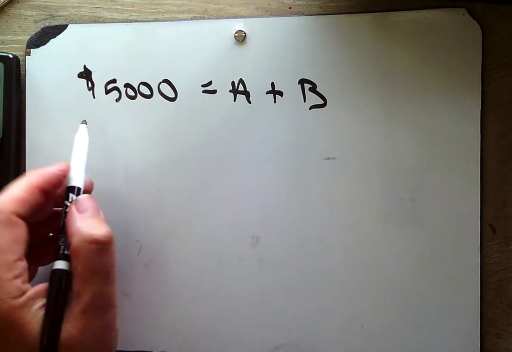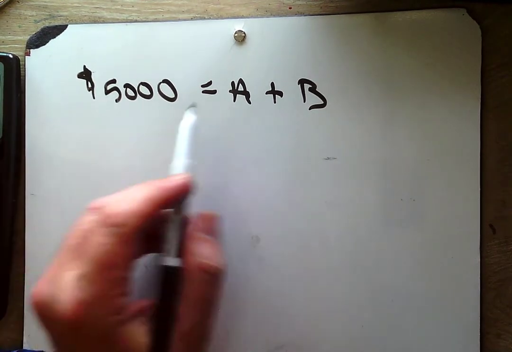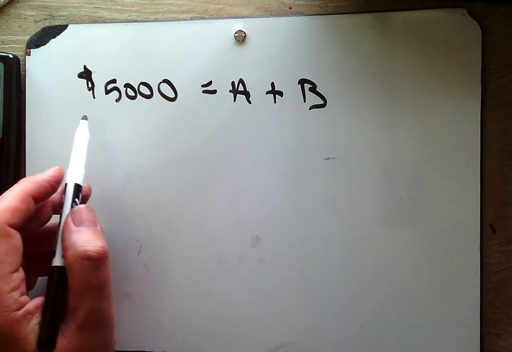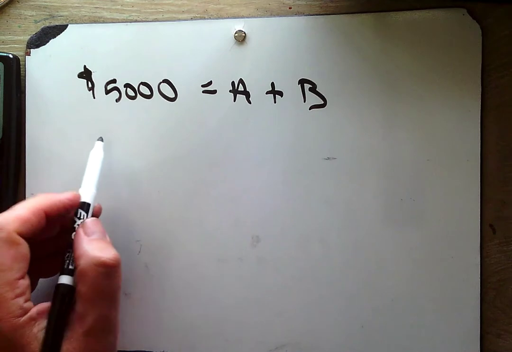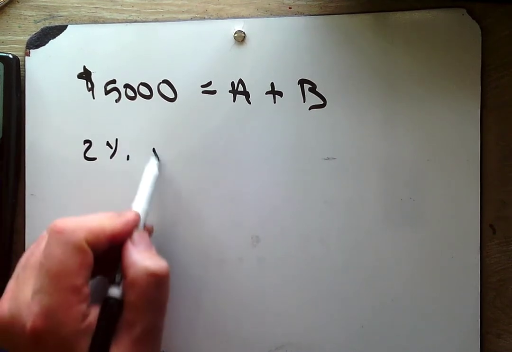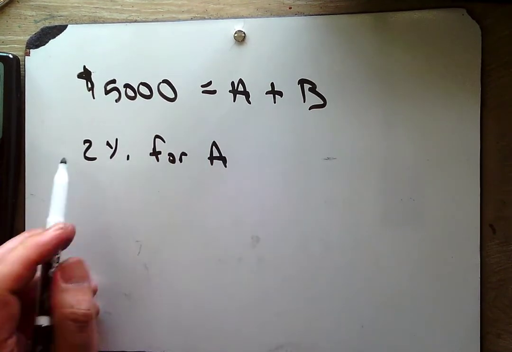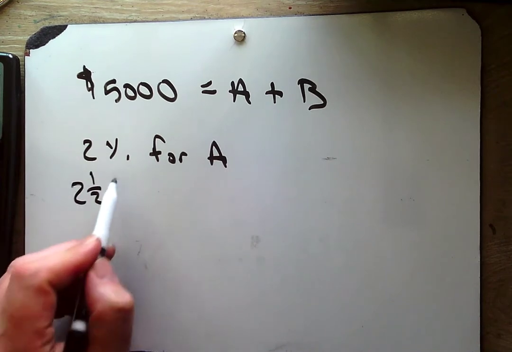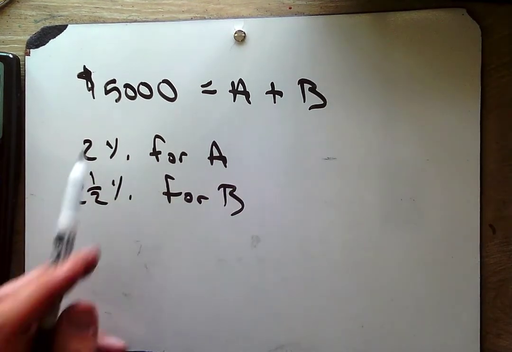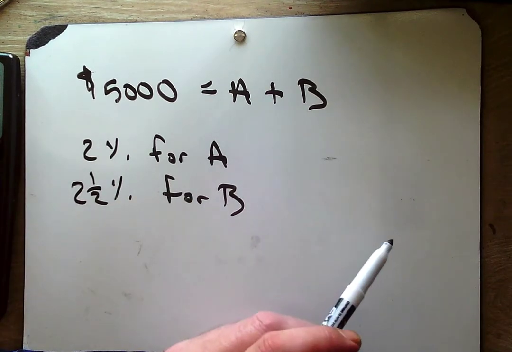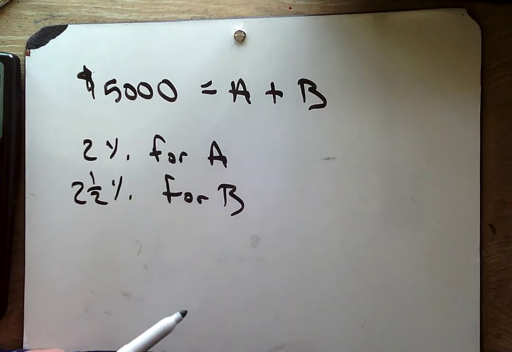Now, it's known that the amount of money that you invested in this A account earns interest at 2% for A and 2.5% for B. Now, clearly, if you invested all your money just in B, you'd make a little more interest.